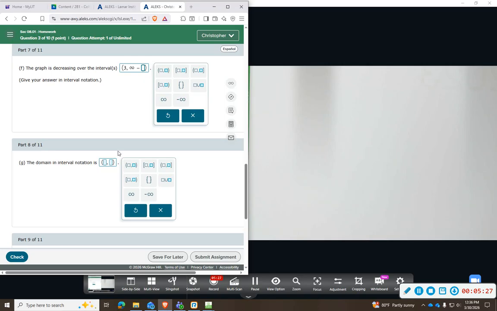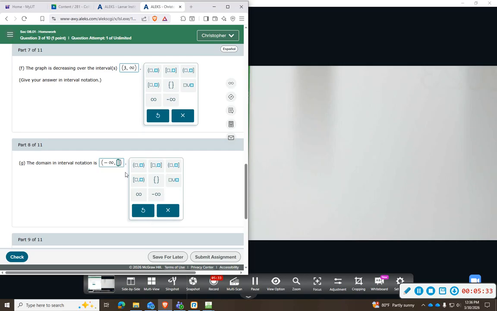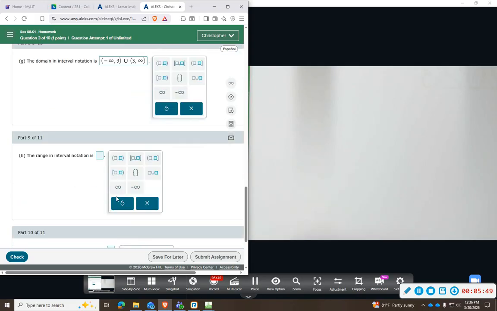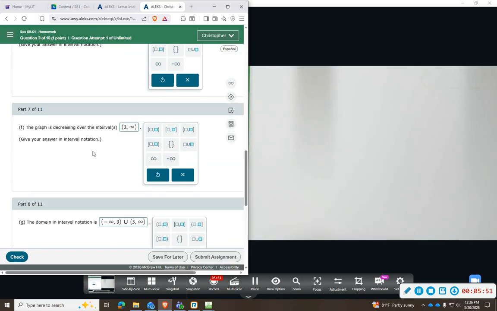Went up to the wrong thing. Down here. Oh, I clicked the wrong box, that's why. Negative infinity up to 3. And then we need a connector, union, of the other side of 3 to positive infinity.